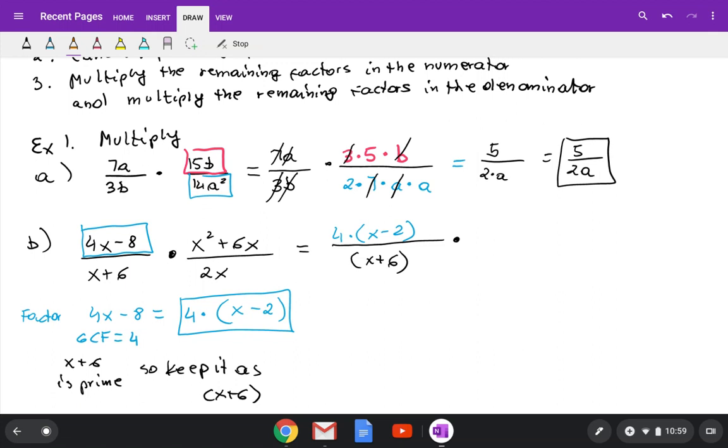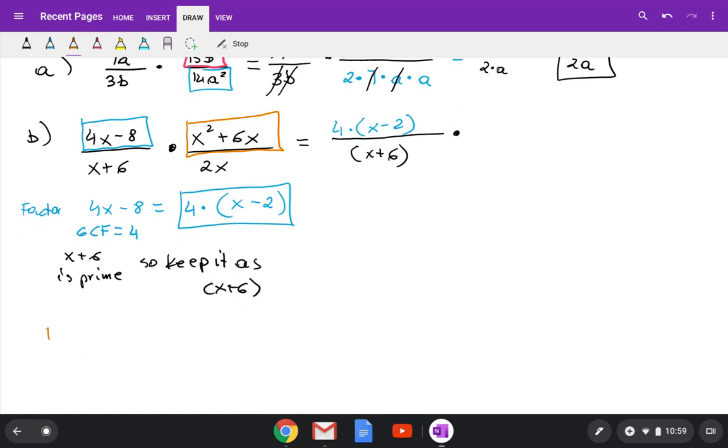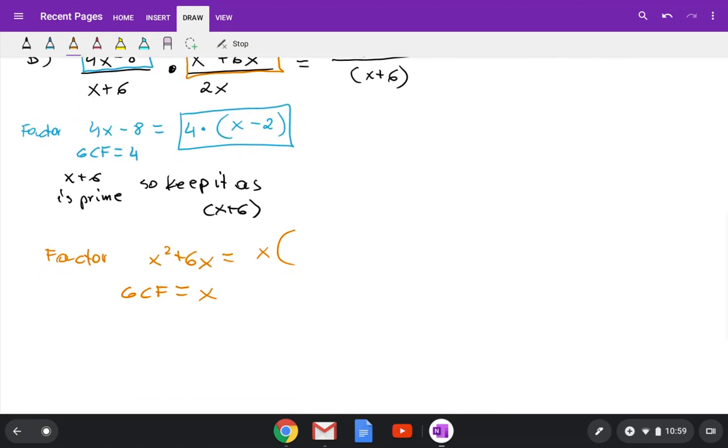Next, what I have is x squared plus 6x. So let me factor. The greatest common factor here is x, so again, variable to the lowest exponent. So we're factoring x out. I'm just quickly reviewing what we already know.